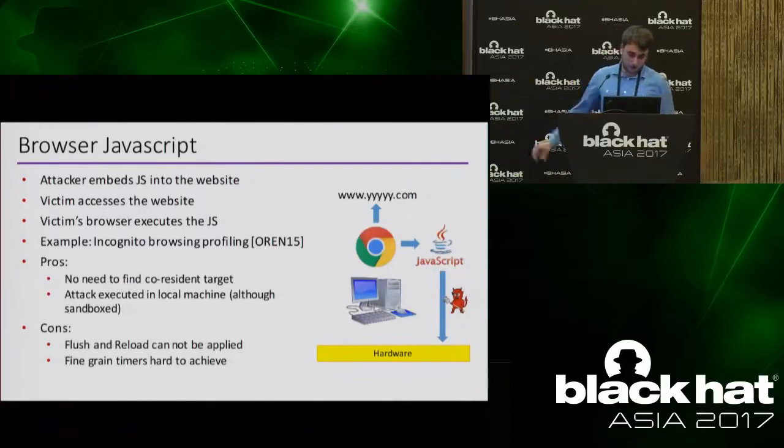On the disadvantages side, Flush+Reload cannot be applied, as JavaScript is a very high-level language and Flush+Reload requires very low-level instructions that are not available in JavaScript. Further, fine-grained timers are getting harder and harder to achieve, but there are still ways to trick this, though they are not as simple as utilizing a timing counter.